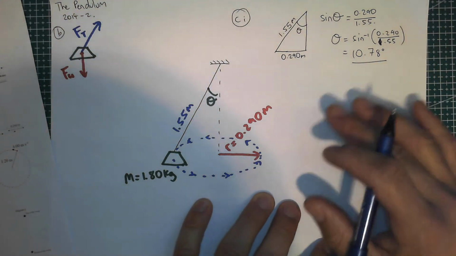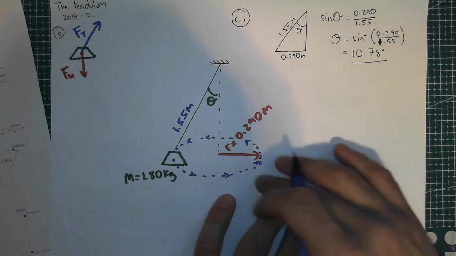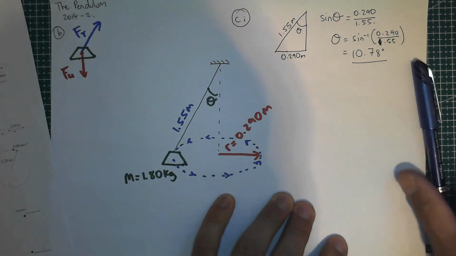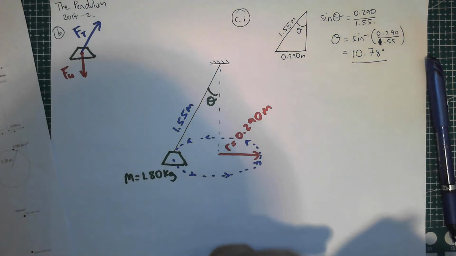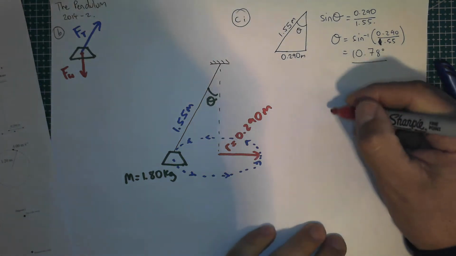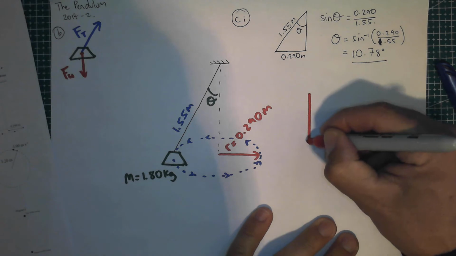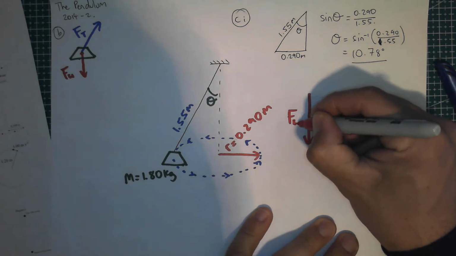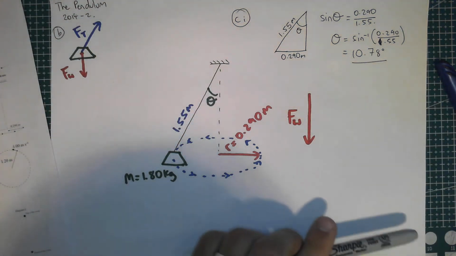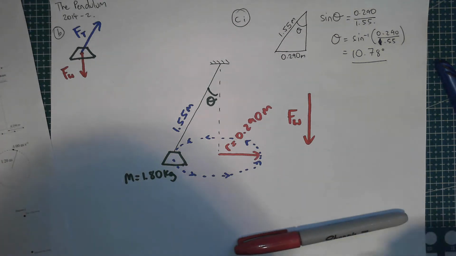Right, so then the next part is we need to do a force diagram to consider the forces here. So let's go with the weight force is acting vertically downwards, like so, and the tension force is acting upwards.